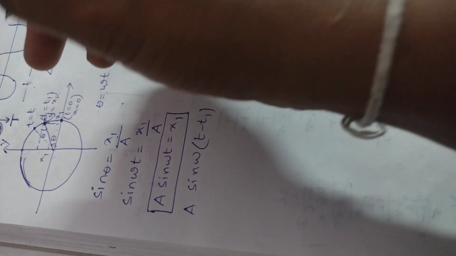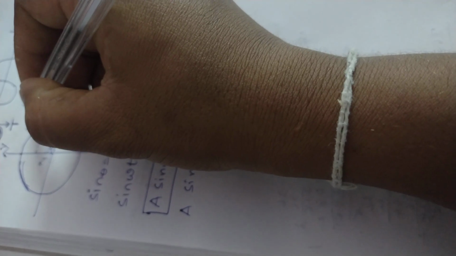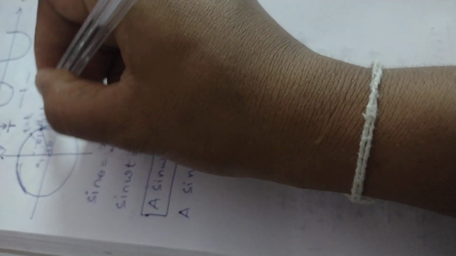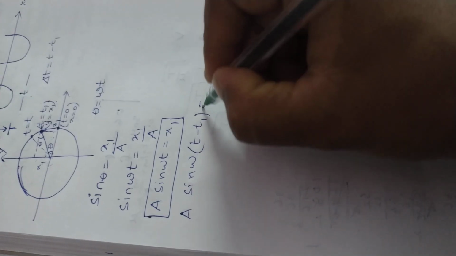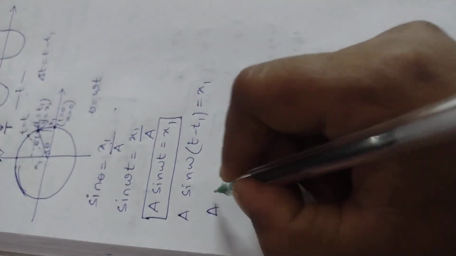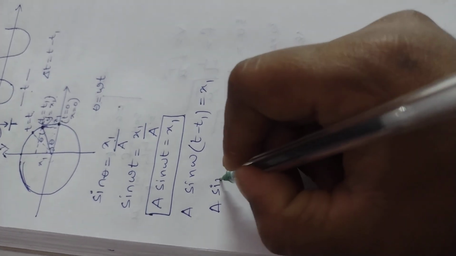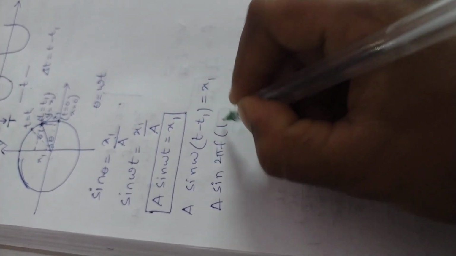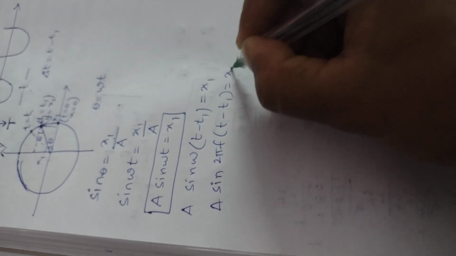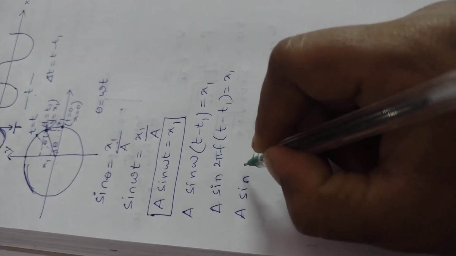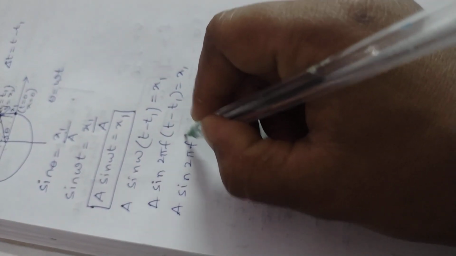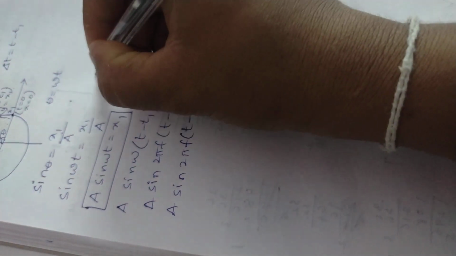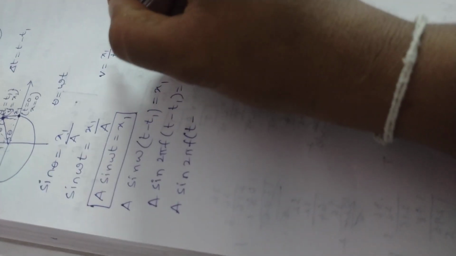between the practically denoted time and the theoretically denoted time t1. So x1 equals A sin omega, and we know that omega equals 2 pi f. So x1 equals A sin 2 pi f (t minus t1). From this we can get t1. We know that v equals x1 by t1 at the time instant t1.